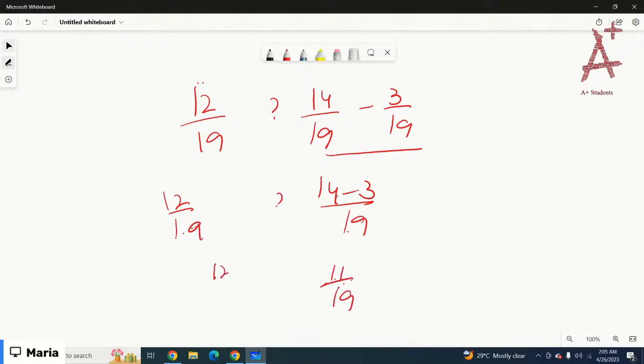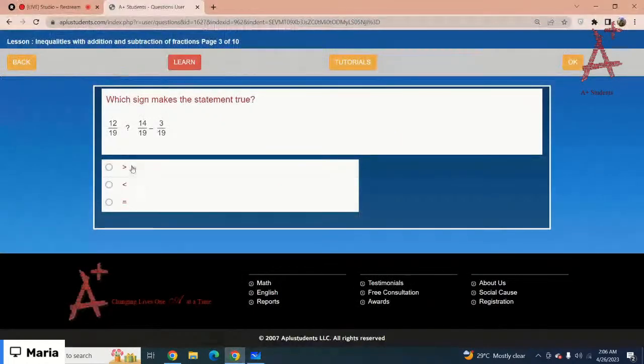Here you have to compare, and they have the same denominators, so you simply need to compare their numerators. 12 is greater than 11, so 12 over 19 is greater than 11 over 19. Got it? So the correct option is 12 over 19 is greater than 11 over 19. Option number 1 is the correct option.